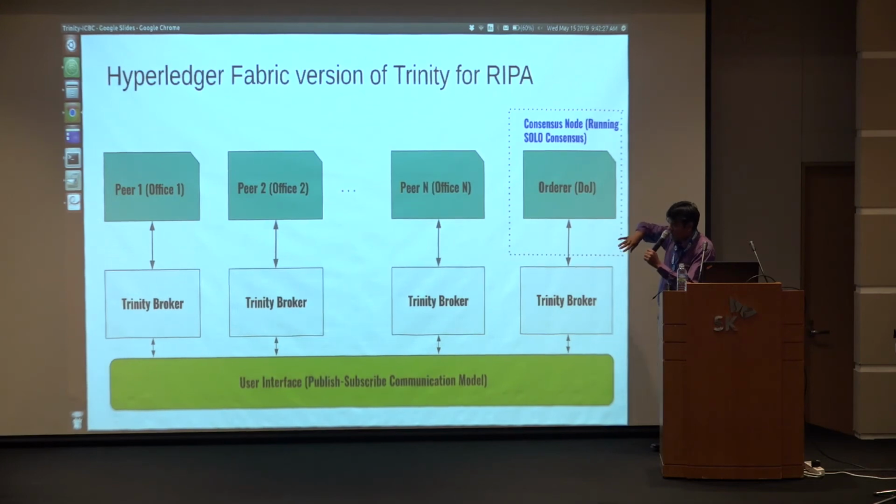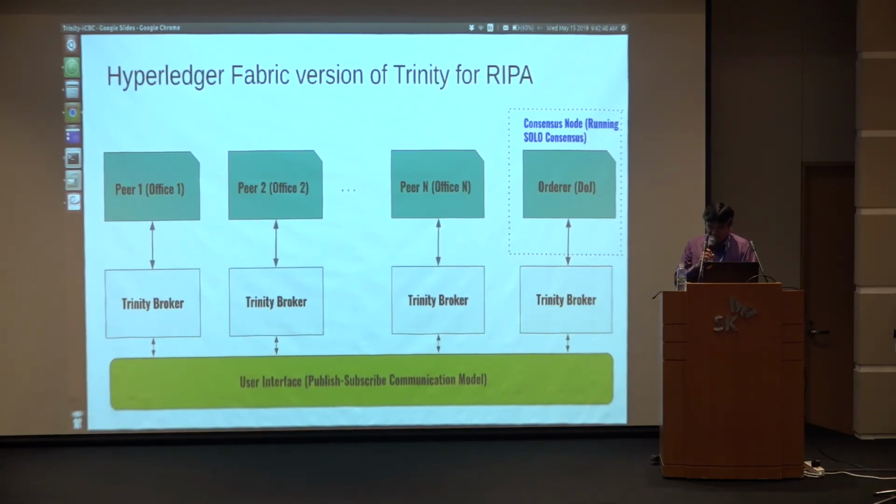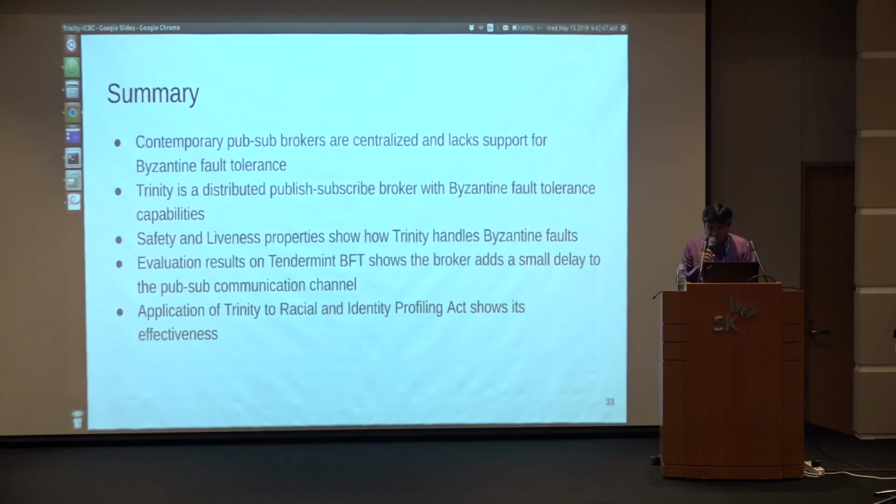The messages from their neighborhood would get reported to that local broker, and in turn get to their peer. This is again work at the early stages. We are currently implementing this to test it out in a real environment.